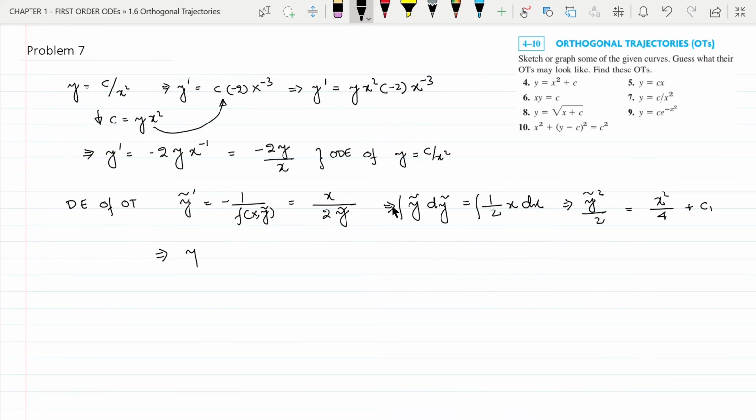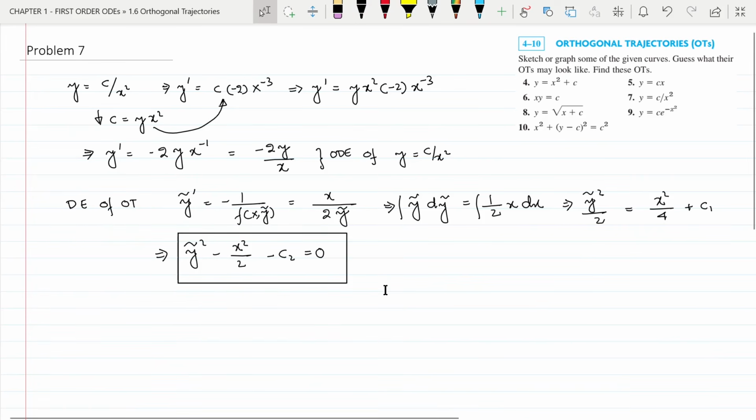This implies y tilde square minus x square by 2 minus c2 equal to 0. And this is the equation for the family of orthogonal trajectories to the given equation.